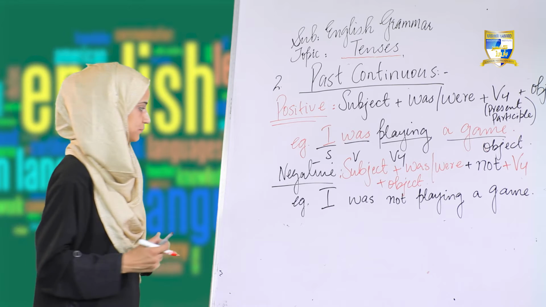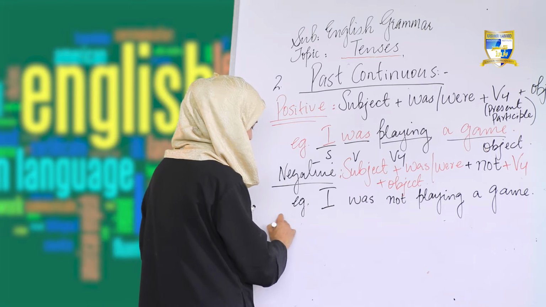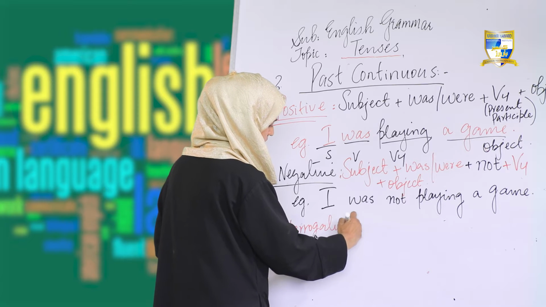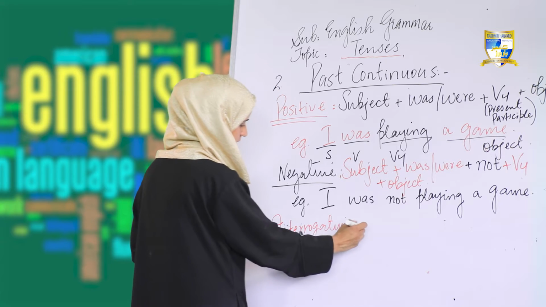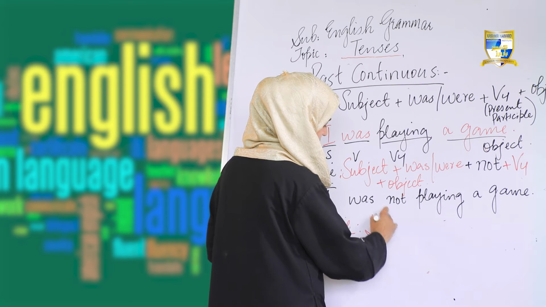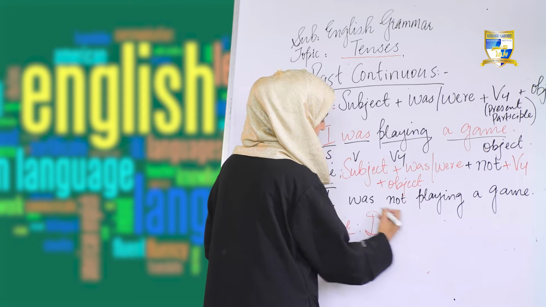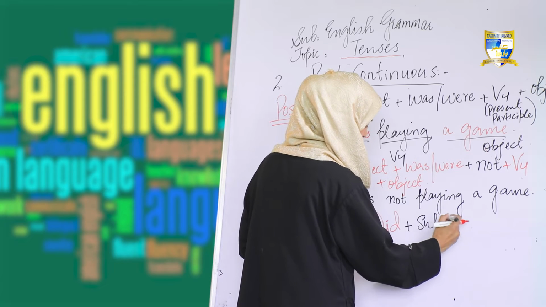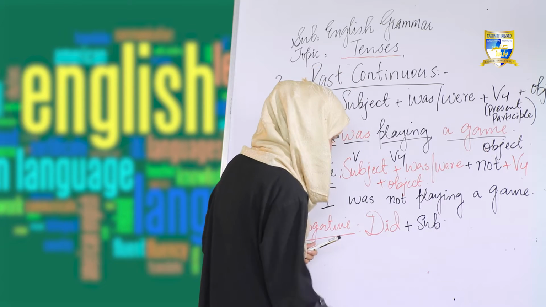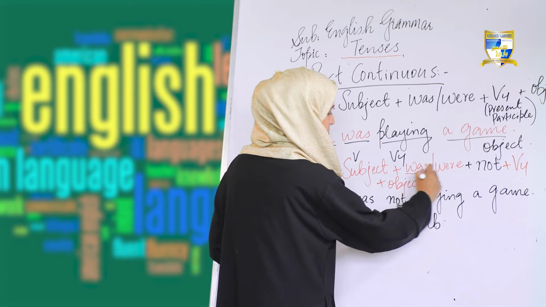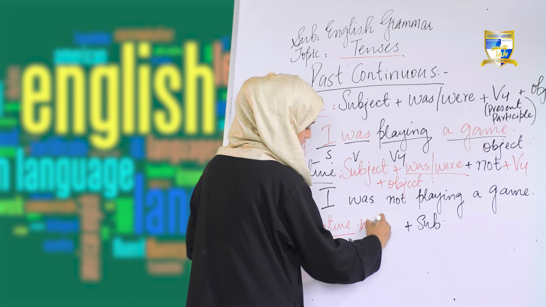Okay, dear students. Then we have the interrogative sentence with past continuous tense. It goes like this. In past tenses we use did. Sorry, we have the auxiliary here, was, were, we use the same.